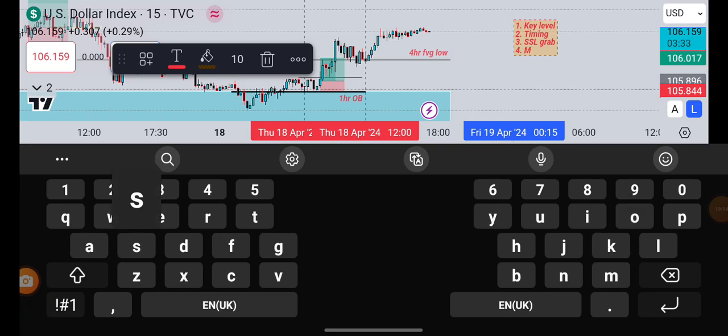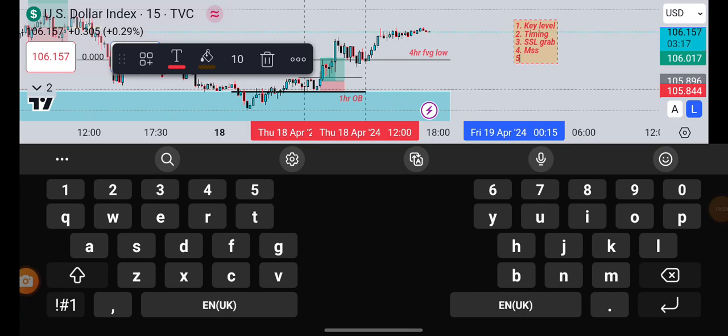I want to see a clear market structure shift, which usually is using the 30 and the 15 minute time frames.